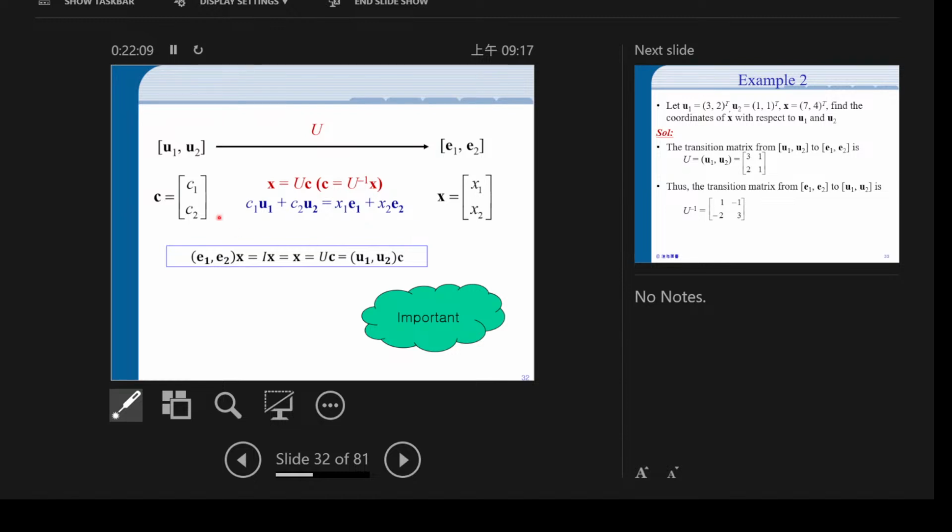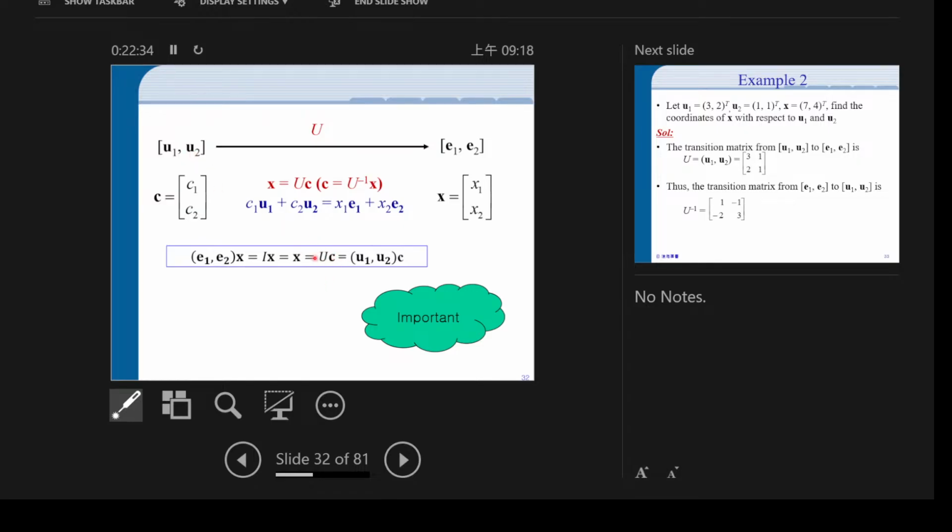is this equation when you write it down in matrix form. This side of the equation means U times c. These are the coordinates times the vectors and summing together. So we use the coordinates to make a linear combination of those vectors. So written in matrix form, this will be U times c.